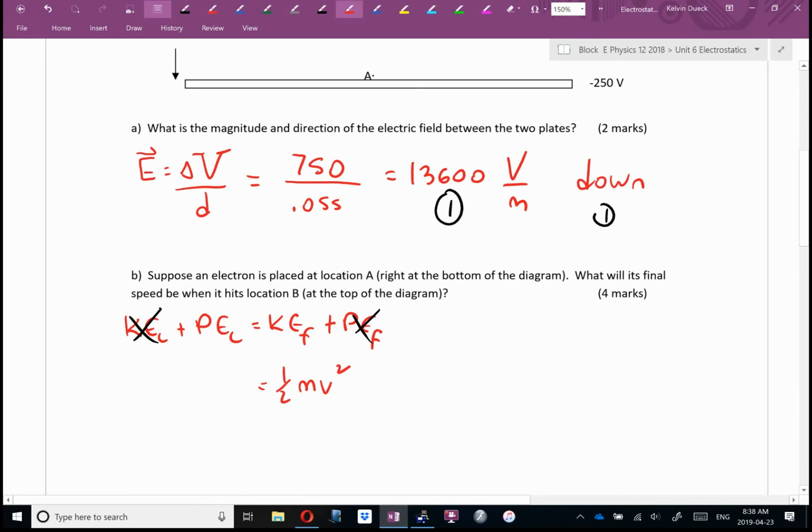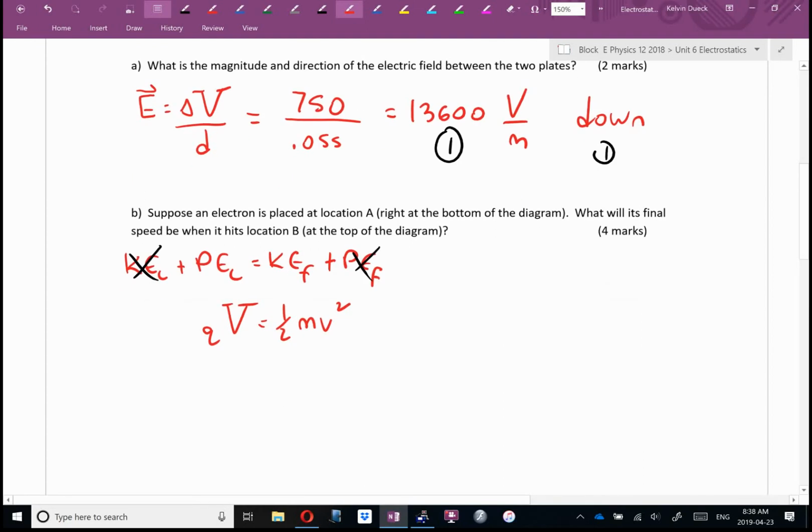Potential energy, not mgh. This is not gravitational potential energy. This is qV. That's sort of on your formula sheet, David. It's in the definition of voltage, where I defined voltage as the amount of energy per charge. You can rewrite that to get potential energy by itself.